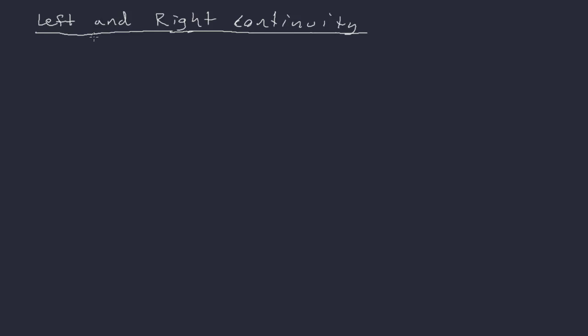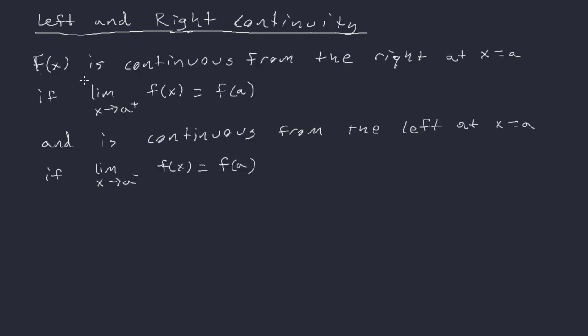It's how you might expect. f of x is continuous from the right at x equals a if the limit as x goes to a from the right of f of x equals f of a. And similarly, f is continuous from the left at x equals a if the limit as x goes to a from the left of f of x is equal to f of a.